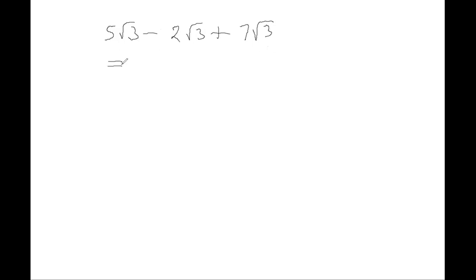So square root 3 is taken common, and we are left with 5 minus 2 plus 7. And the answer comes out to be 10 root 3. Faster. You have to be faster. Now let us take another example.